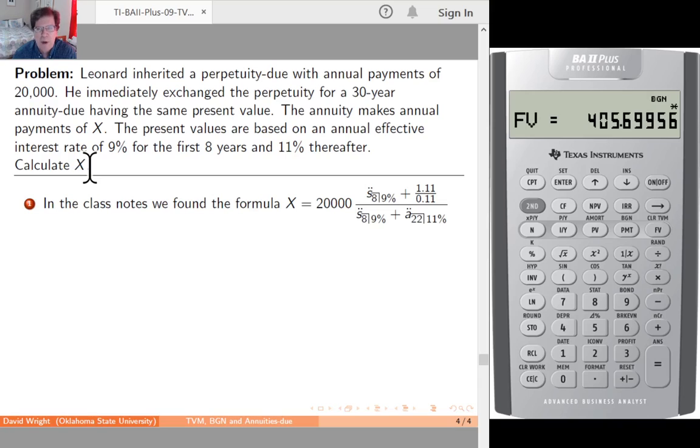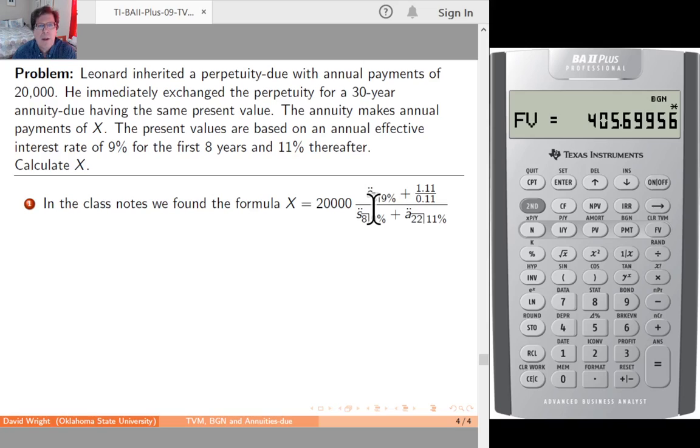So this is a complicated problem, and we did this in the class notes, and I'm not going to go through the derivation of it, but we found a formula: x equals 20,000 times this fraction, which is the accumulated value over 8 years at 9%, paying at the beginning.